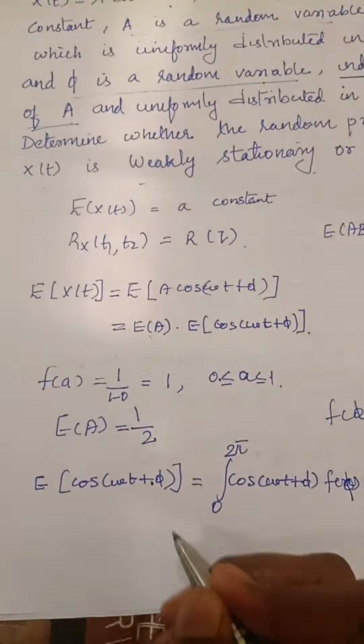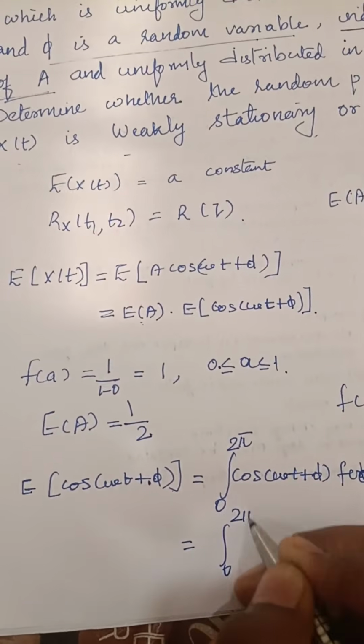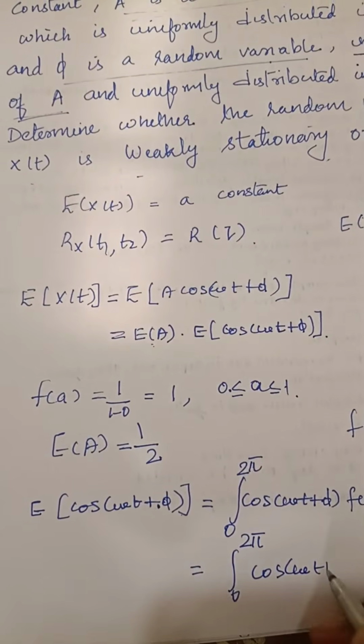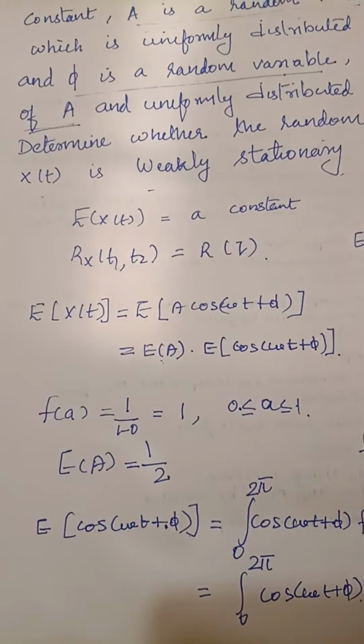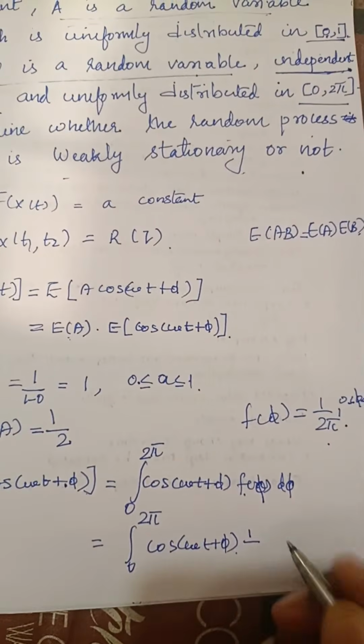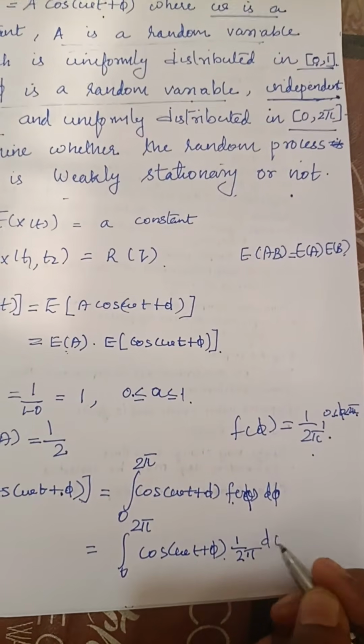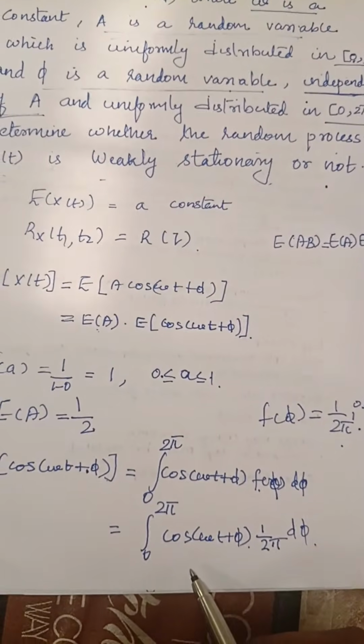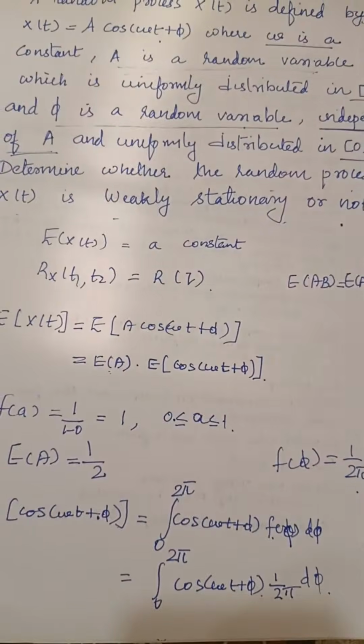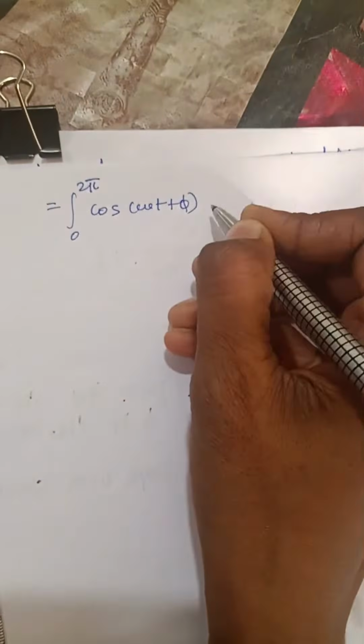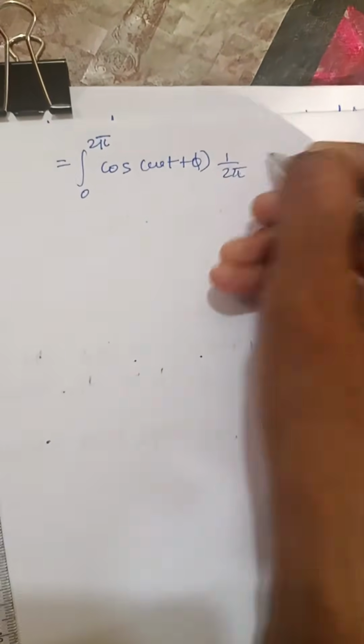Now this is equal to the integral 0 to 2 pi of cos(omega t plus phi) into f of phi, which is 1 by 2 pi, d phi.